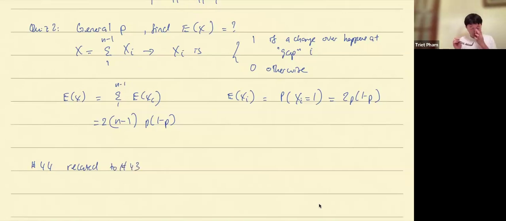What was the question? The question was, you have an urn containing n red balls and m black balls. Let me write it down.